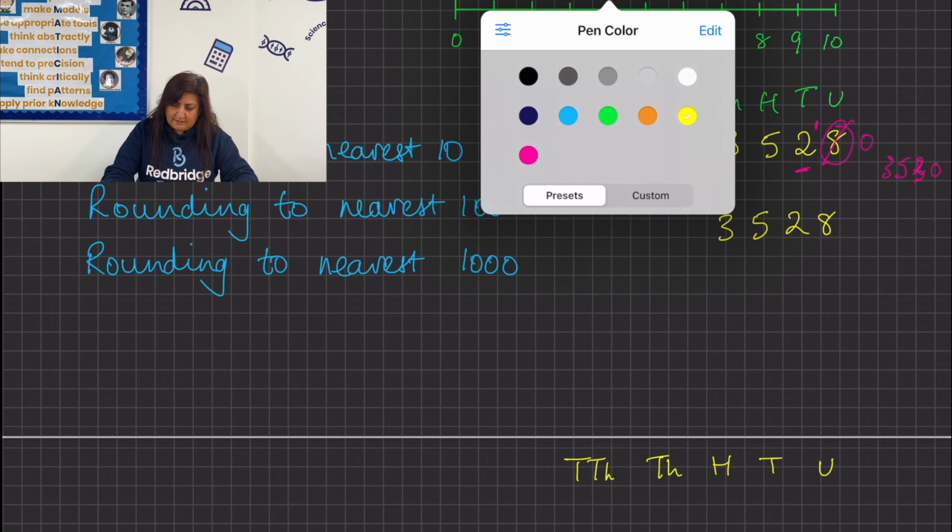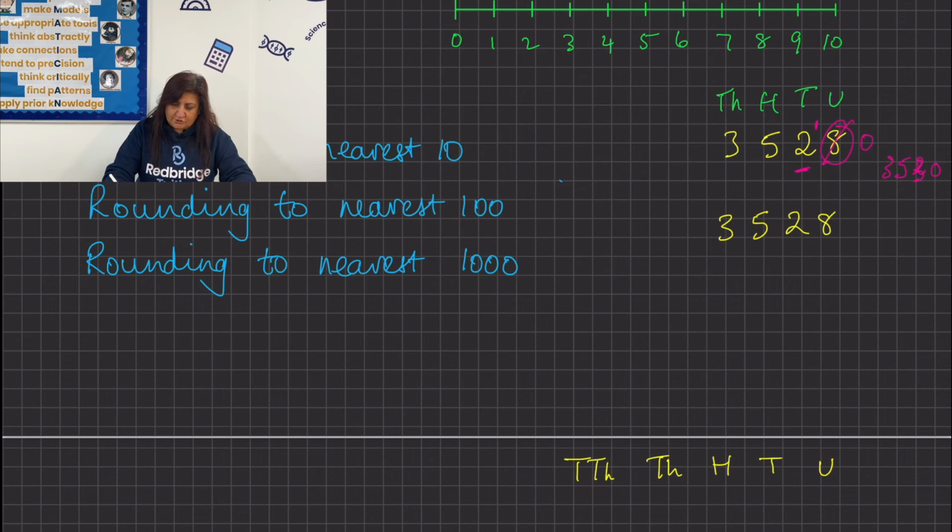Let's take that number again. And this time we're going to round to the nearest 100. We go to the hundreds column, then look at the number to the right of that. We've got 2. 2 we know needs to round down, so that becomes a 0.